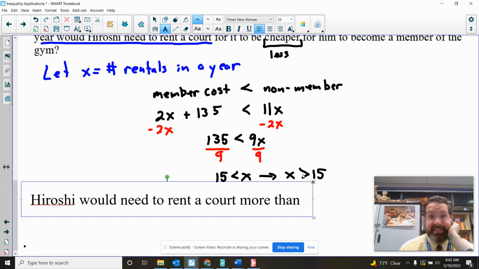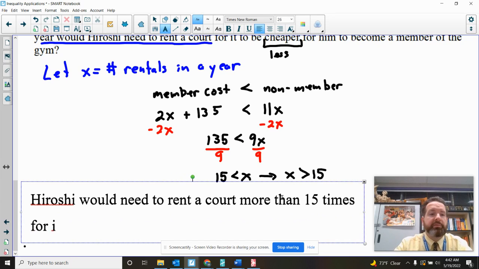It's a greater than sign. That means 15 is not enough. It's got to be bigger than 15, more than 15. We need to rent a court more than 15 times for it to be cheaper as a member.